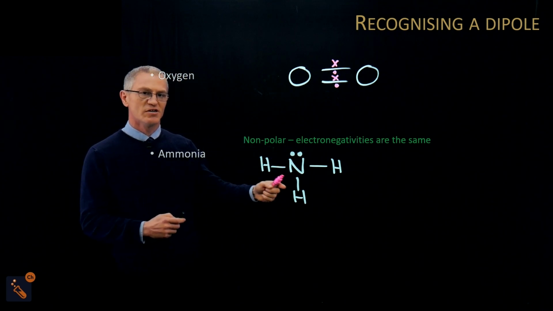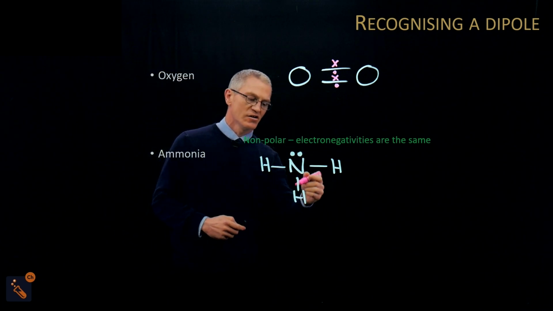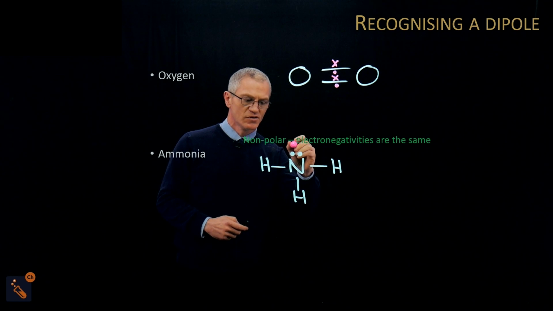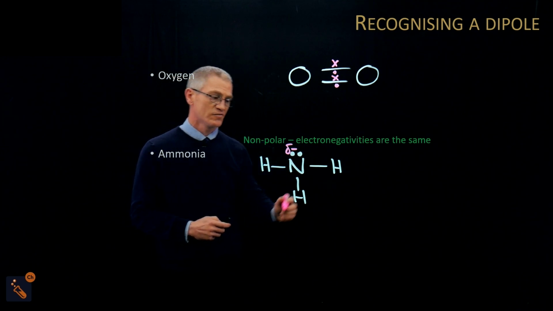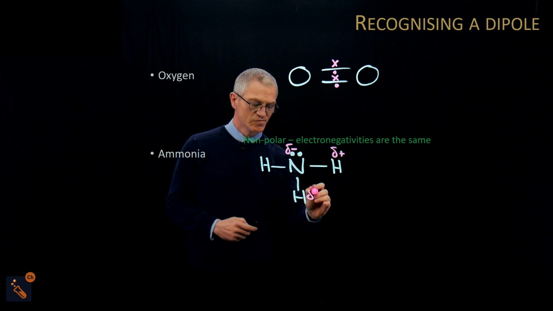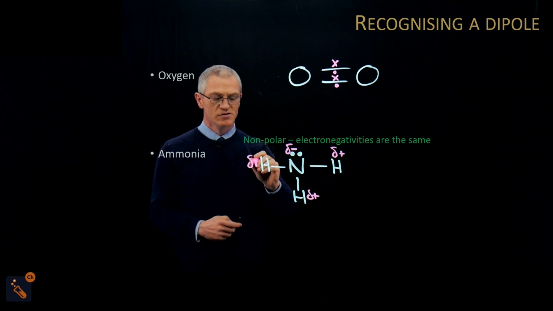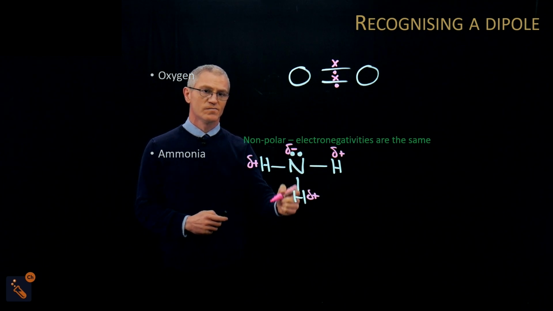Therefore that is more electronegative than the other elements here, which is hydrogen. So therefore we will have that as delta negative. If that's the case, that is delta positive. That means all of them are delta positive because they're all connected to the nitrogen. So we have a dipole. This is polar.